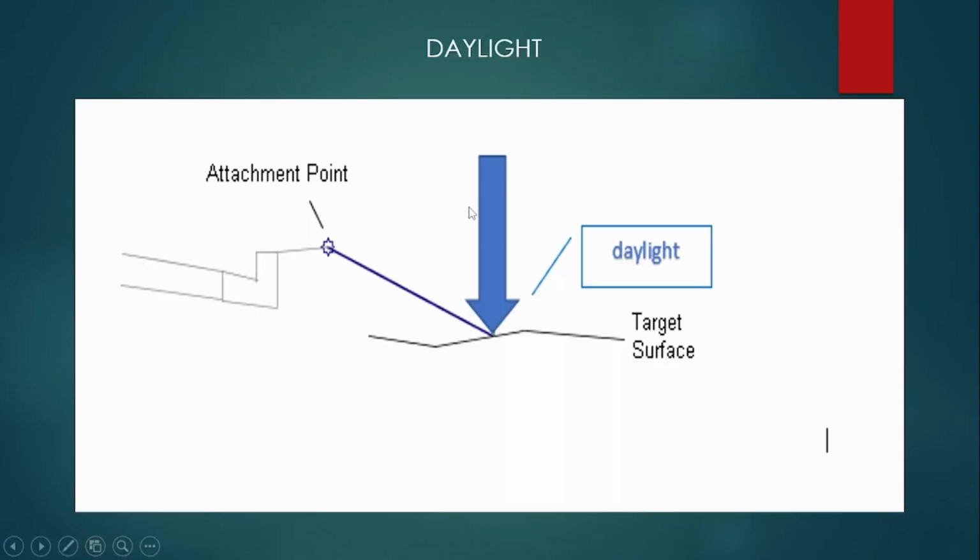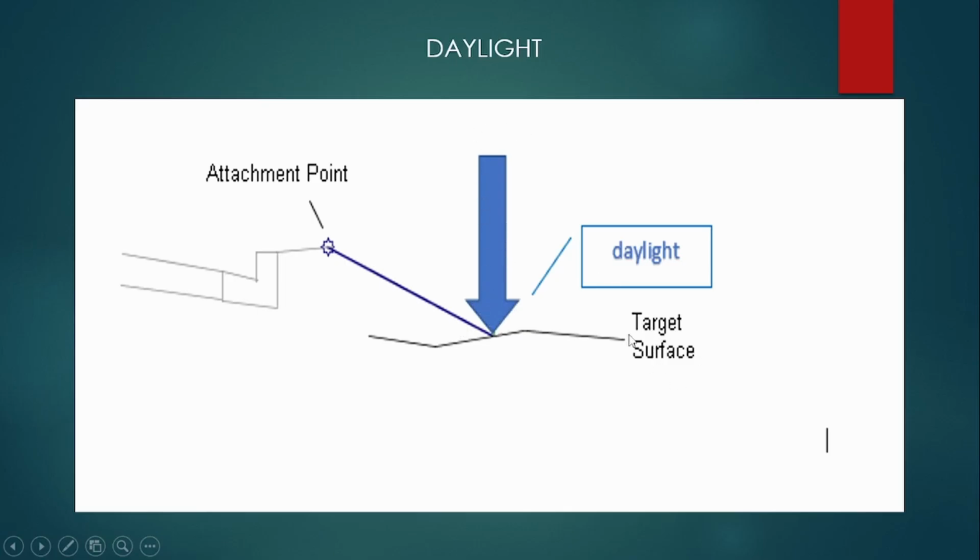So when I talk about the daylight, this is actually what I'm talking about. This is where your design is going to terminate. If your design terminates here and this is the existing ground, so where it will intersect with the existing ground, that is the point where we shall have the daylight.